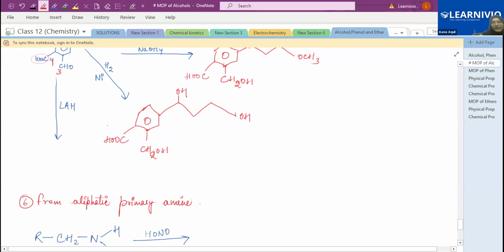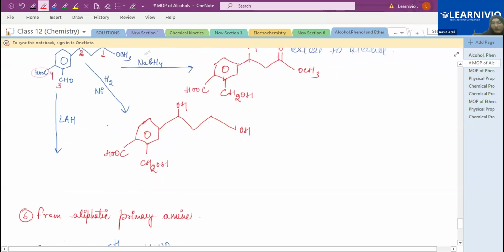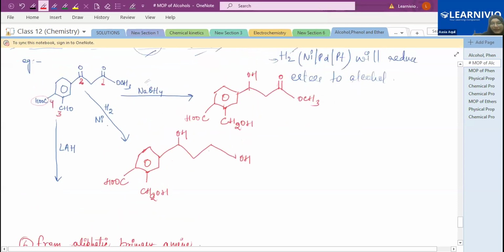Now Anisa will tell me, when you use lithium aluminum hydride, which groups will it reduce? First, second, third, fourth, which one? If this concept is not clear, then ask me.